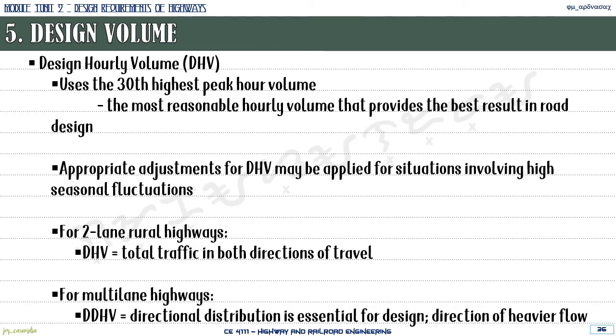So unlike for two-lane rural highways wherein we consider both directions, the going to and the going away directions, for multi-lane highways we are only considering which among the two directions will contribute most to our traffic.